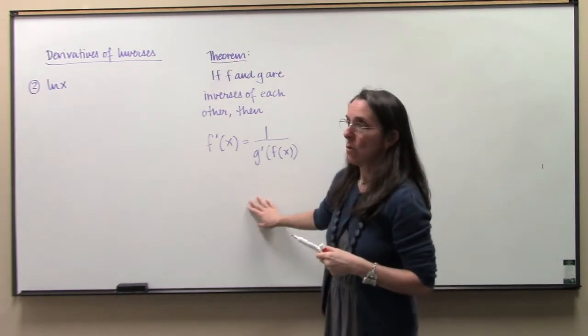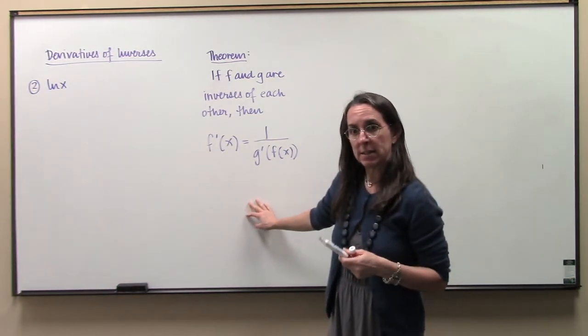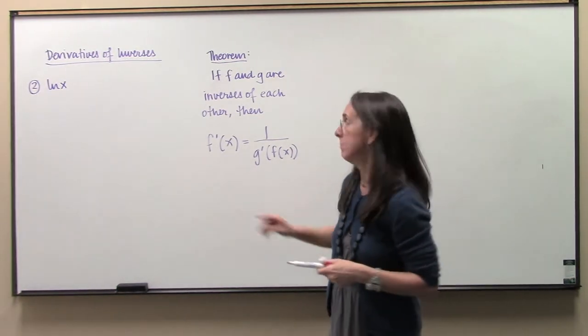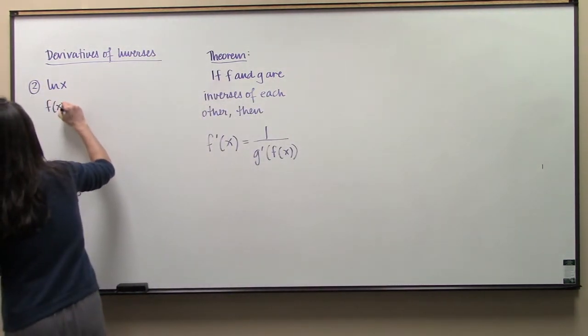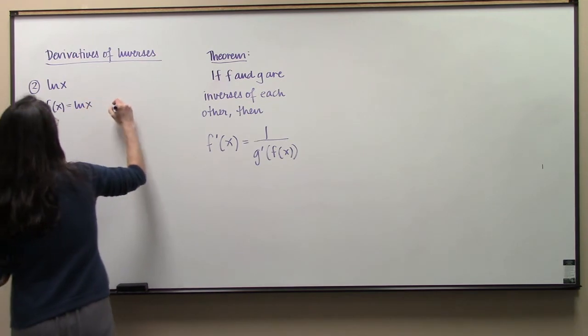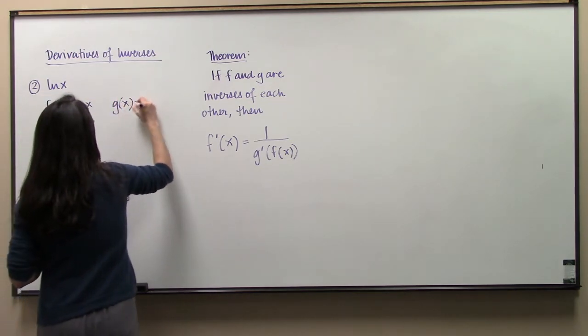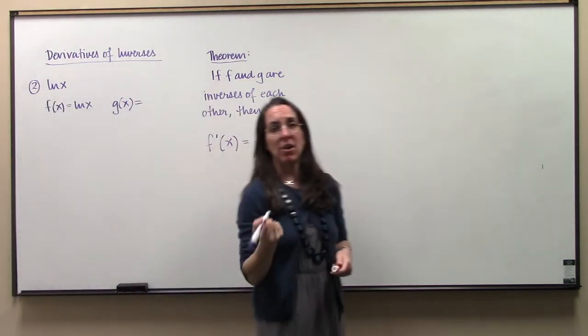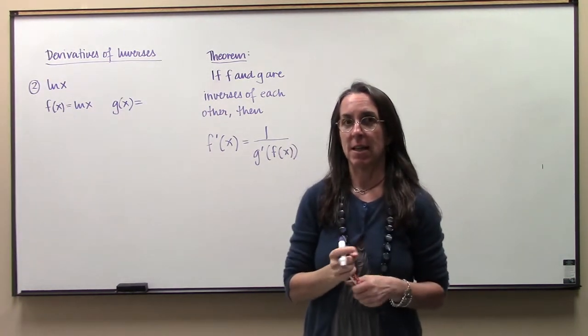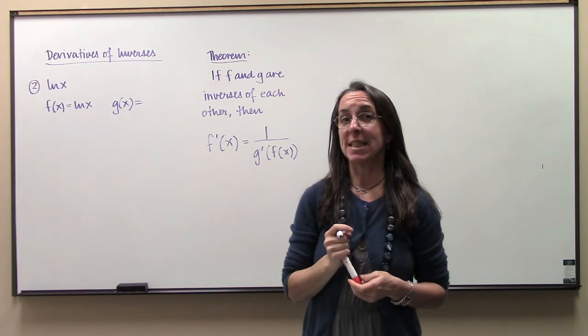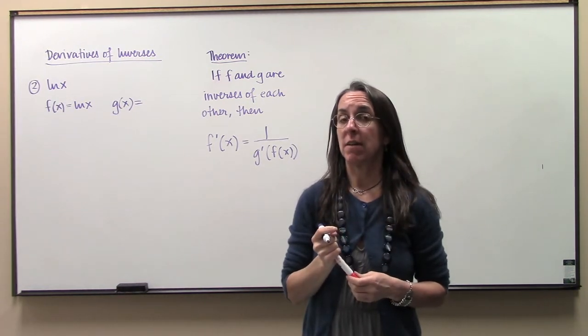Here, let's use what we know about log x as an inverse function. So if f and g are inverses of each other, and f is the log of x, what's g? What's the inverse of log x?